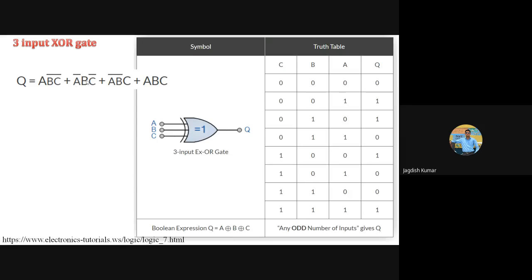Same is the case here. Same is the case with this term and this also. All three terms are 0, of course, so output will be 0. So if you OR all the zeros, output will be again 0. That's what represents the first row. Then you can try for the second, third, and so on. So this expression describes the three input exclusive OR gate.